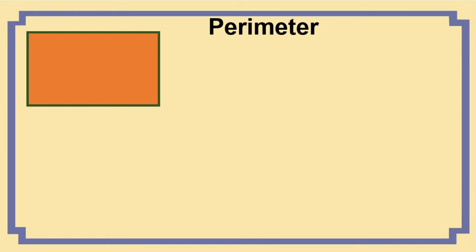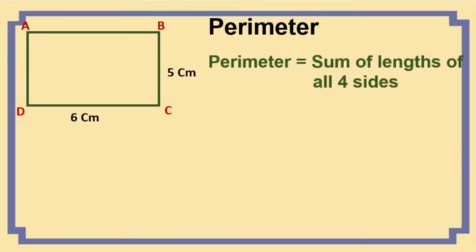First we will name this rectangle as A, B, C and D, and we know the meaning of perimeter, that we will write first. Perimeter is equal to the sum of lengths of all four sides. Because this is a rectangle, it has four sides. So here we have written sum of lengths of all four sides.